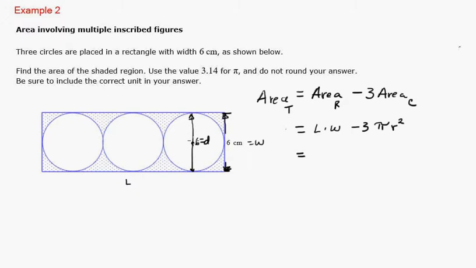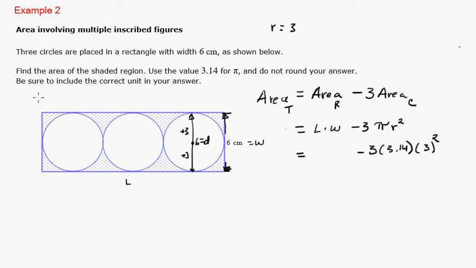That's 6, so the radius is half of that, 3 plus 3. So the radius, R, must be 3. So over here, I can say that this is 3 times pi. Pi is 3.14, and then 3 squared.